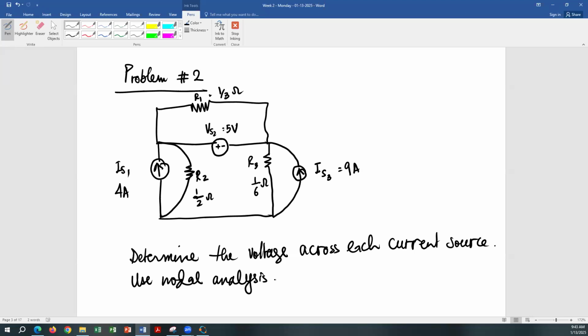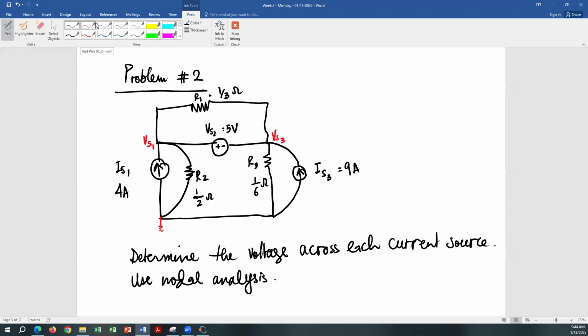So we have to figure out what is the voltage across each current source. So we are trying to figure out what is this voltage. Let's call it VS1. And what is this voltage? Let's call it VS3. VS1 is across IS1, assuming this is ground. And VS3 is across IS3. And those are the node voltages. Let's call this node 1 and node 3.